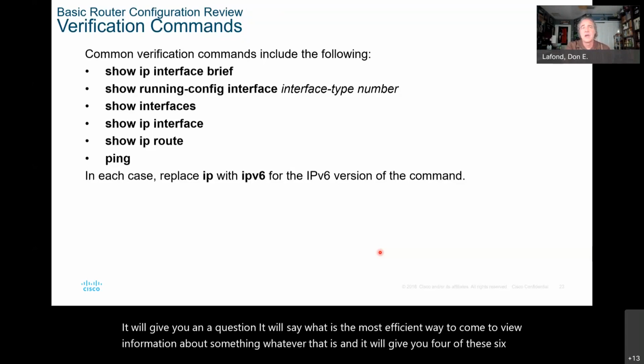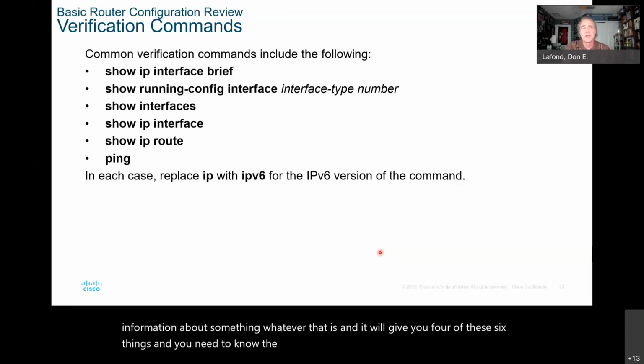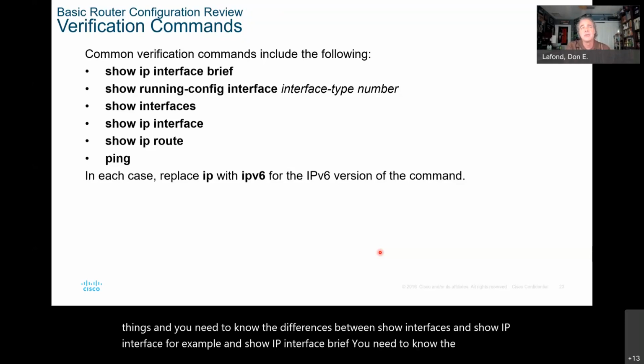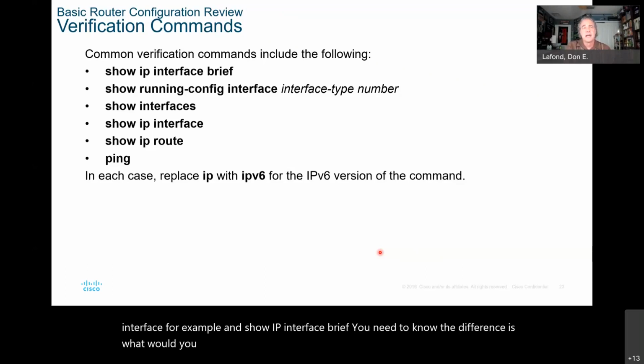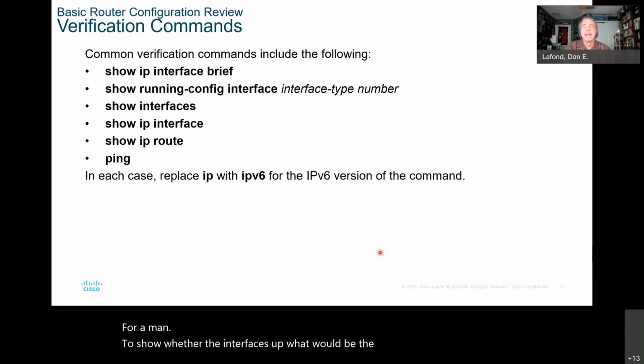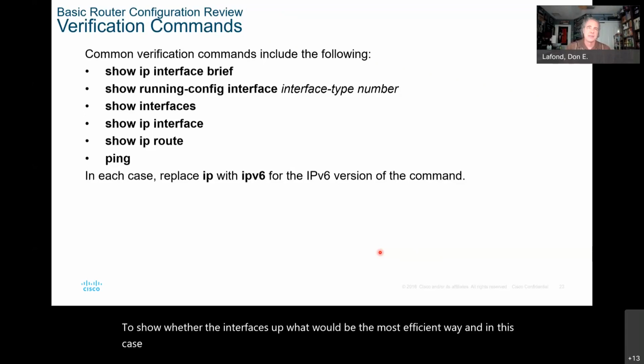You need to know the differences between show interfaces and show ip interface, for example, and show ip interface brief. What would you use to show whether the interface is up? What would be the most efficient way? In this case, of course, it's show ip interface brief, and you're just looking for up and up.